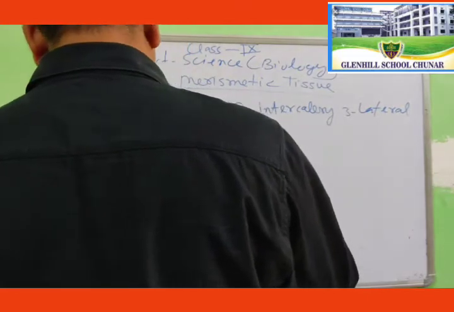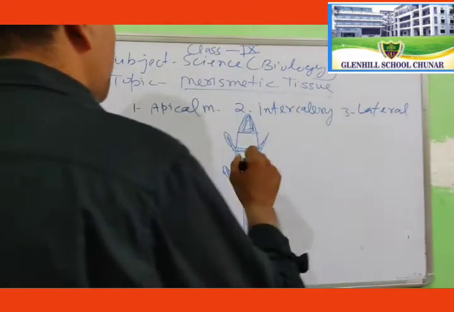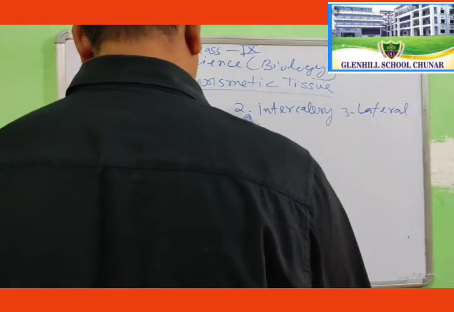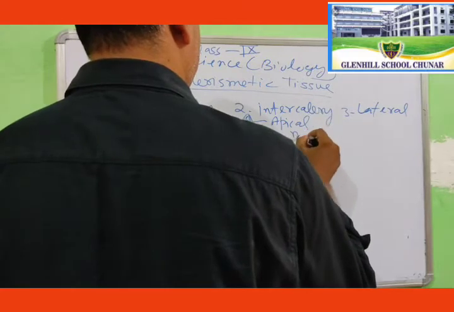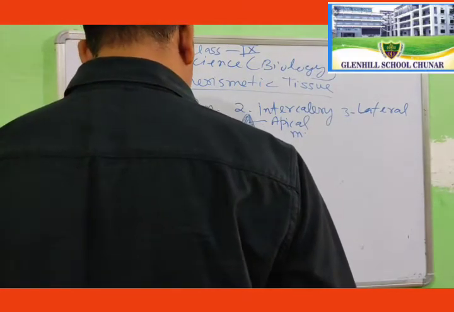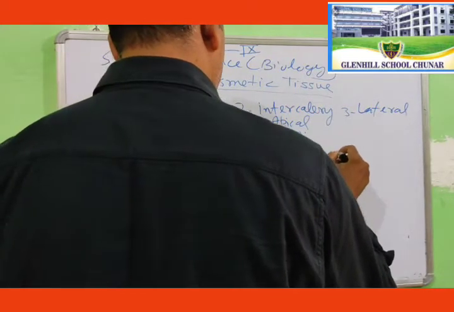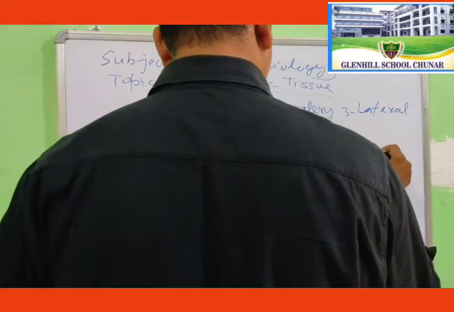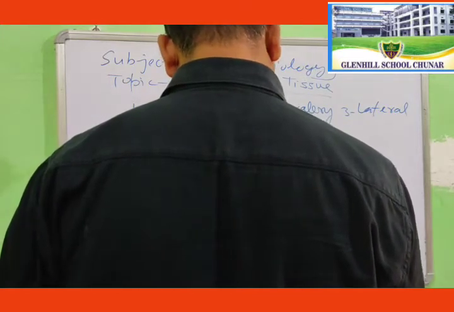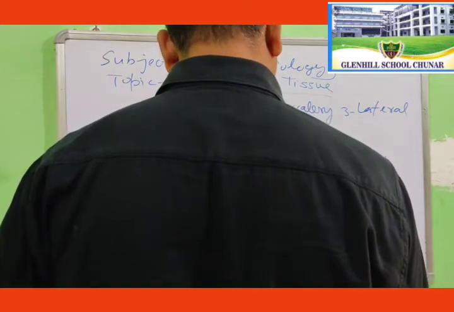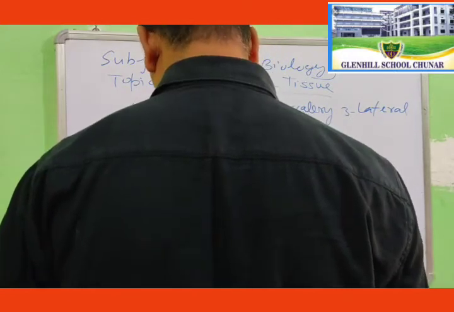This shows the growing area. So this is the position of the apical meristem, this is the intercalary meristem, and this is the lateral meristem.